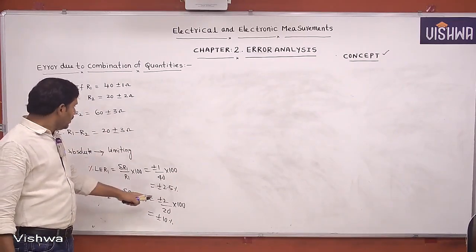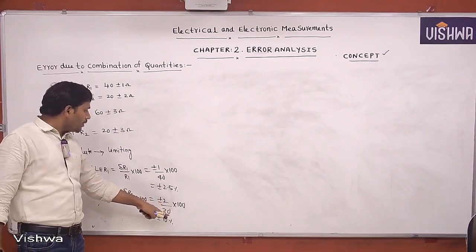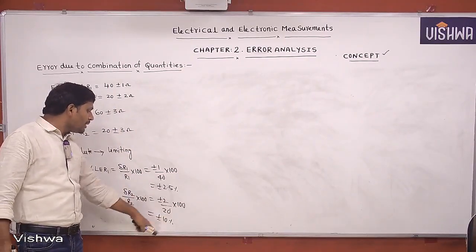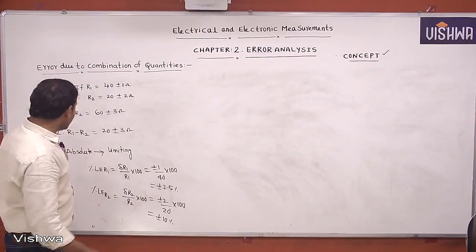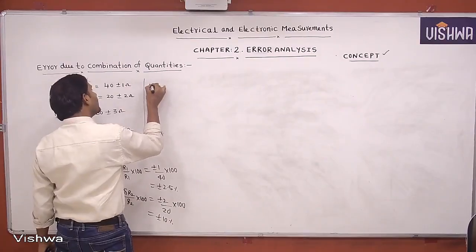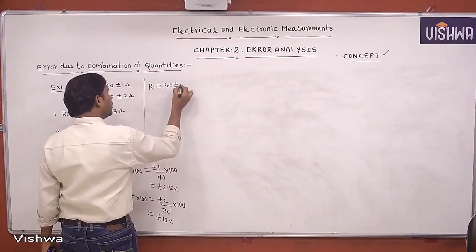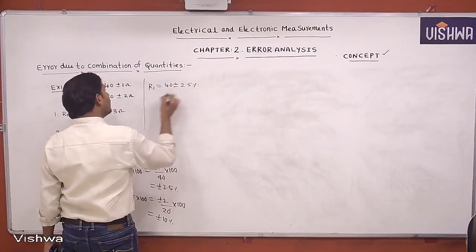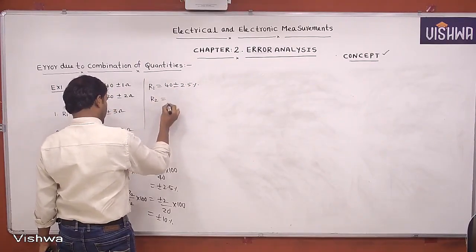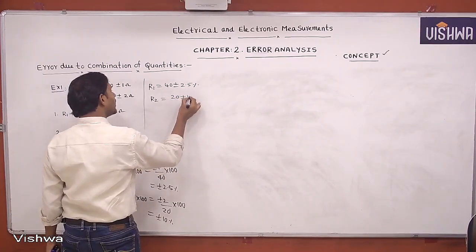This is 2 ohms by 20 into 100, this is 5 times, plus or minus 10%. By knowing the limiting error in terms of percentage, how to write R1 equal to 40 plus or minus 2.5%. How to write R2 equal to 20 plus or minus 10%.